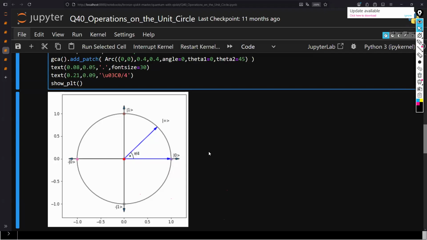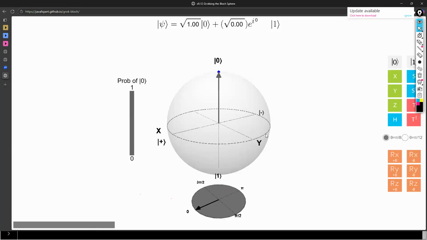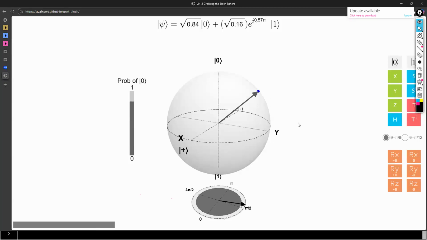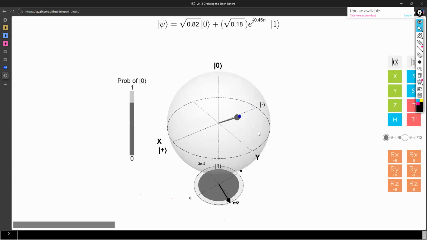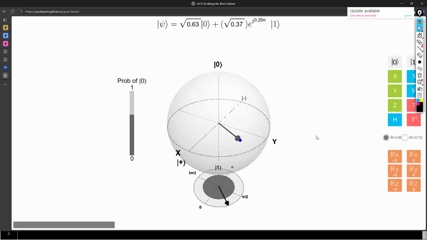However, to recap what I have told you right now, we have different representations. We have the representation on a Bloch sphere, and it looks like this. There is way more information that can be encoded and obtained when using this representation.